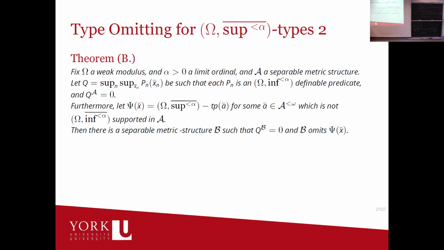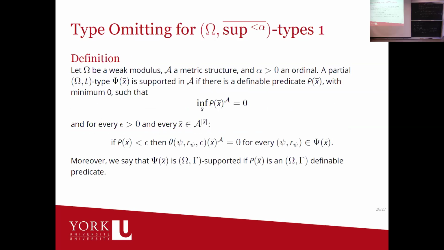Okay, so what does supported mean? A type is supported if there is a predicate which has infimum 0, and essentially it's supposed to be close to what happened in the classical case, which is: if the predicate is true, then the type is true, but you have to say it approximately.